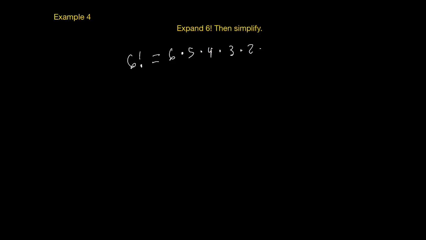So 3 times 2 times 1. So that would be the expand part. And then for the simplifying part, we're just going to input this into a calculator and get the total. So we get a total of 720. So we get that 6 factorial is 720.